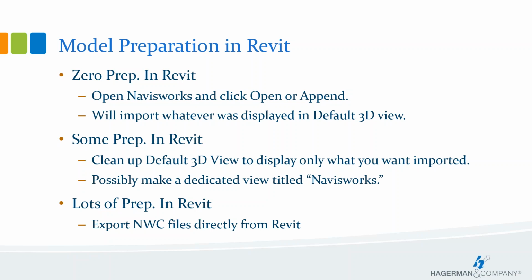This is especially useful on multi-story buildings where you have to separate clash detection files for different building stories. So you could have a dedicated view for each floor bound by a section box, then export separate NWC files for each of those corresponding views.